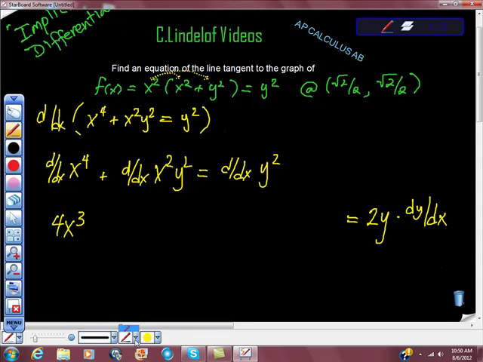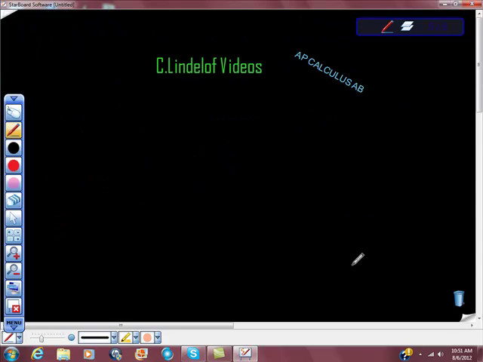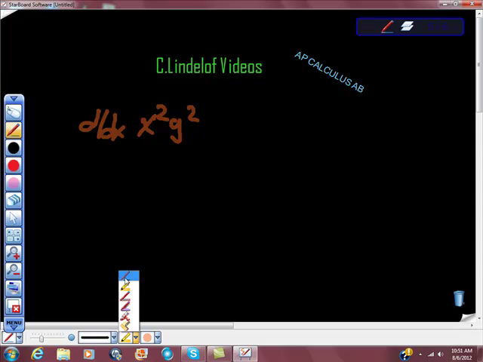Now what we have to do, and it's just a little bit more complicated, is take the derivative of this piece inside here. Let me switch pages for a second and do that over here. So we want to take d/dx of x squared y squared. The way I'm going to do that is set this up as a product rule.